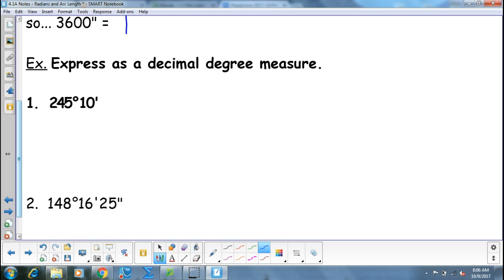So on some of your calculators, I know on the old school TI-83s and TI-84s, it was DD and DMS, and then there was a key that had two arrows going both ways. And on the new ones, I don't know if it has a conversion to degrees, minutes, and seconds or not. I have to figure it out. But if not, I'll show you the old school method of how to do it.